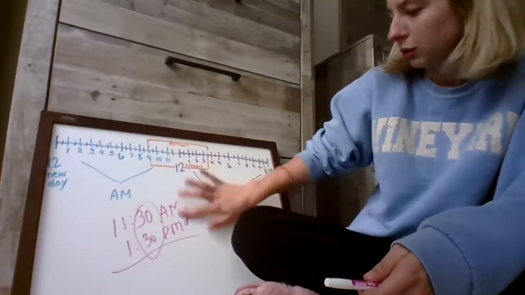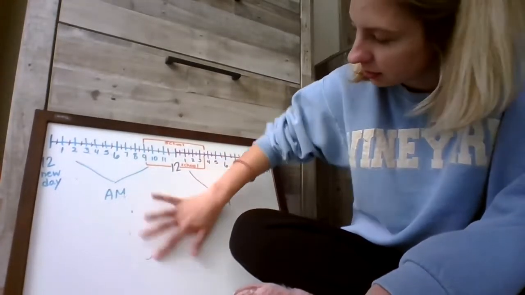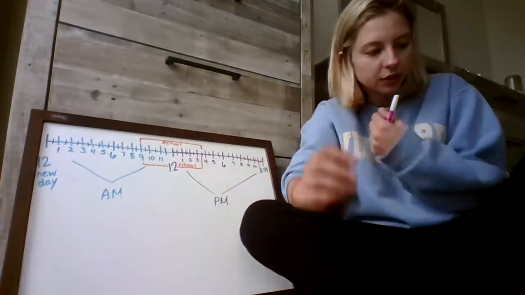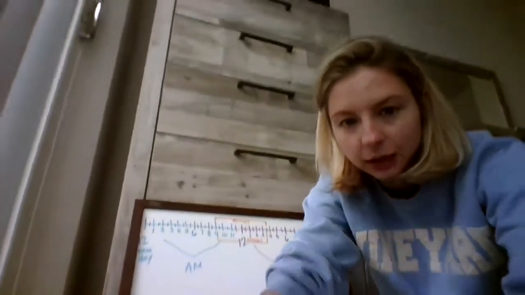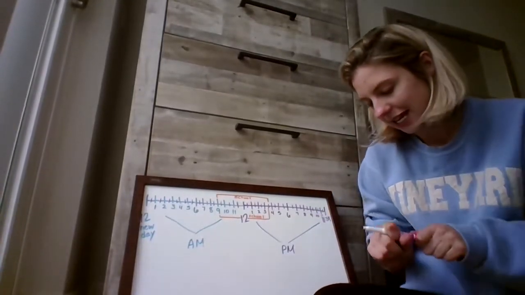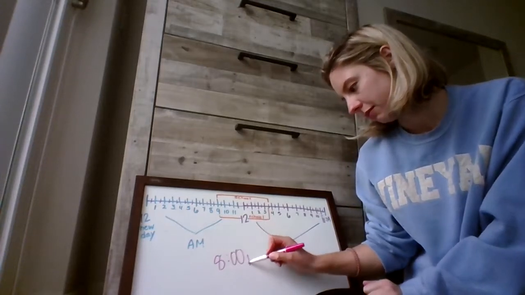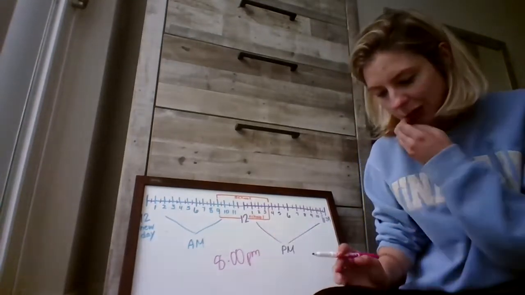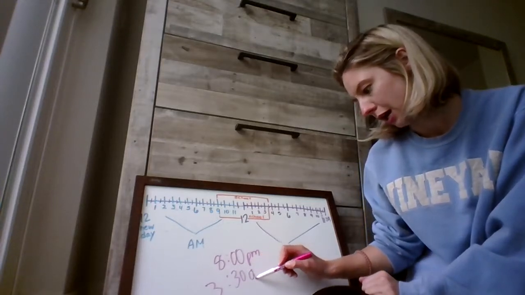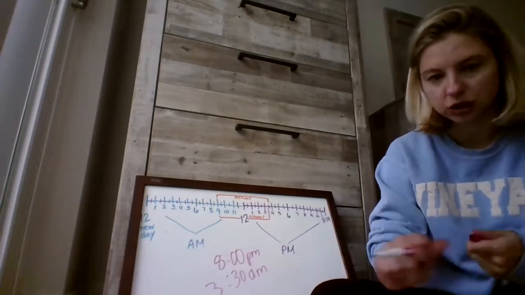And we're going to do our last one. Okay. Ooh, this one's tricky because we have minutes and hours. Ready? Beth goes to bed at 8 o'clock p.m. and wakes up at 3:30 a.m. How long did she sleep?